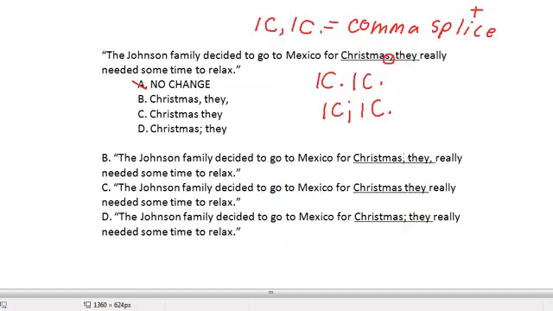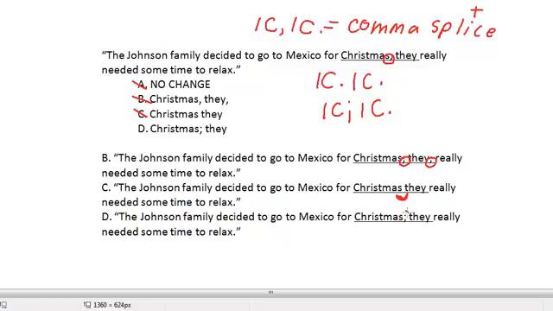In the first one, I have a comma and a comma, but no period or semicolon, so I'm going to eliminate option B. And then in option C, there's nothing in between the two independent clauses, which would still make the sentence a run-on sentence. So I know I can eliminate option C.